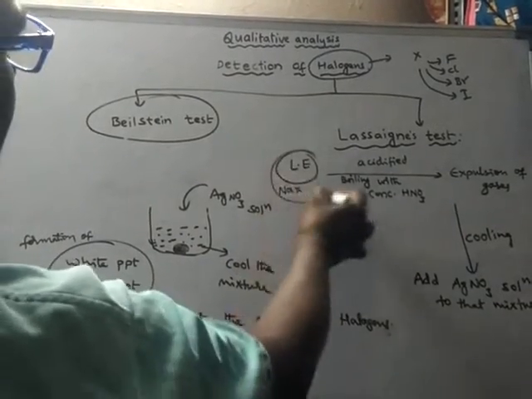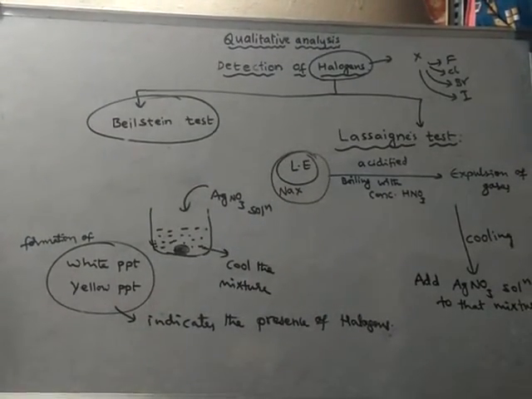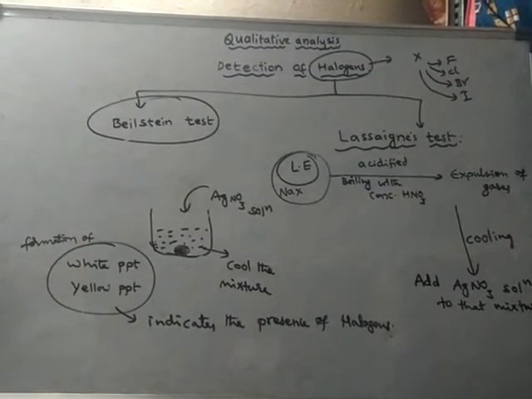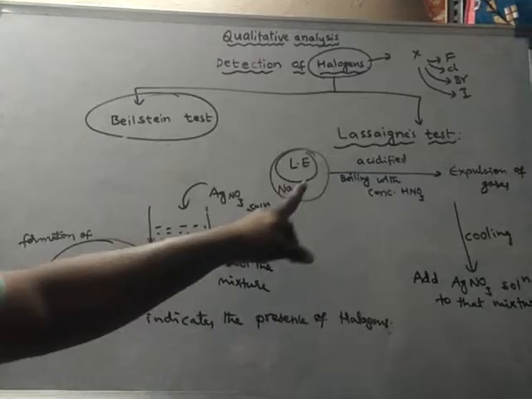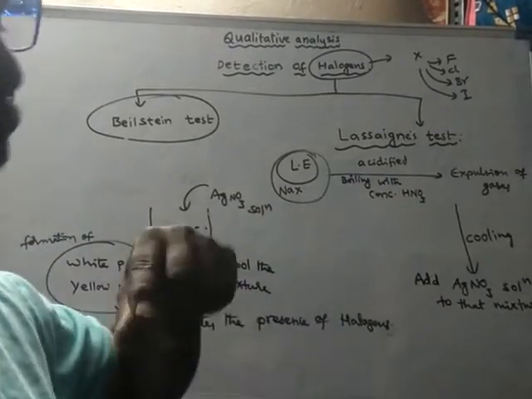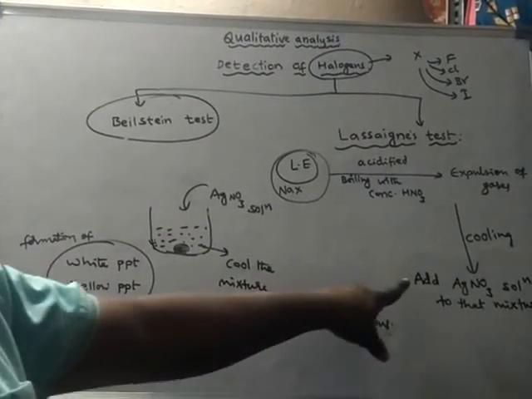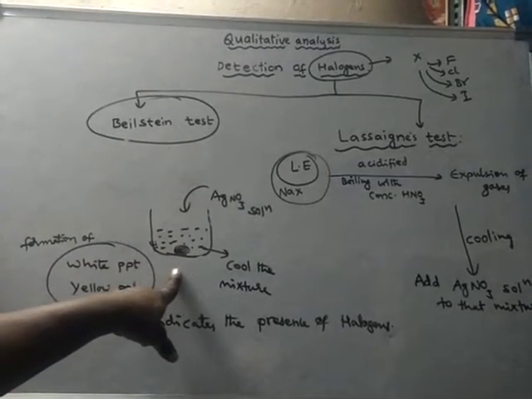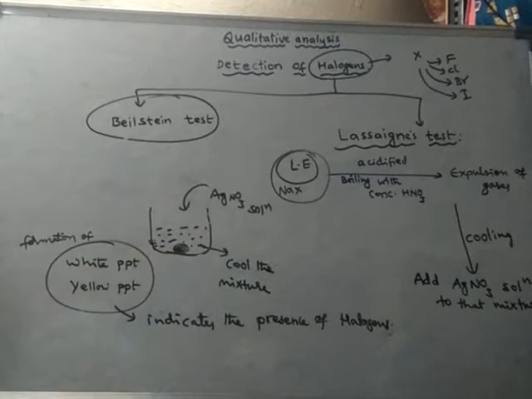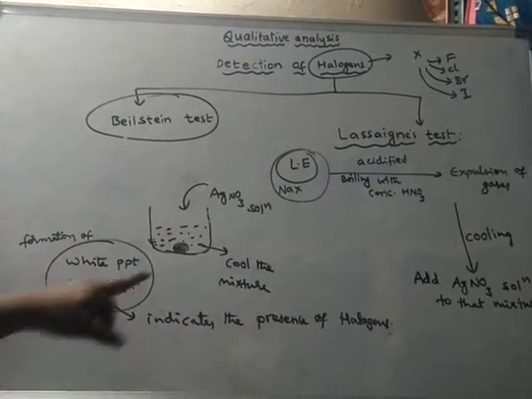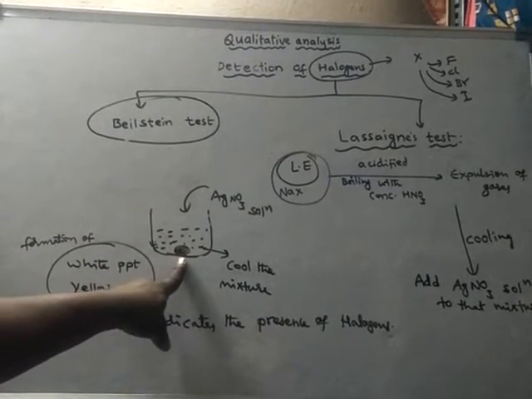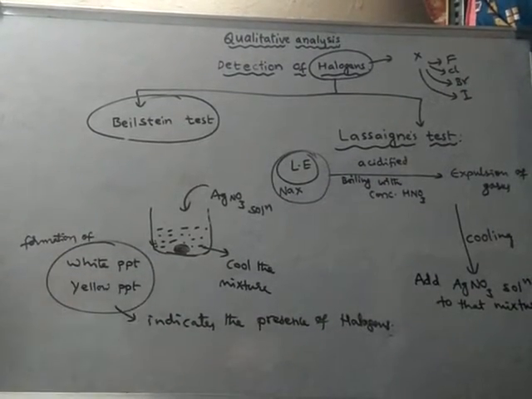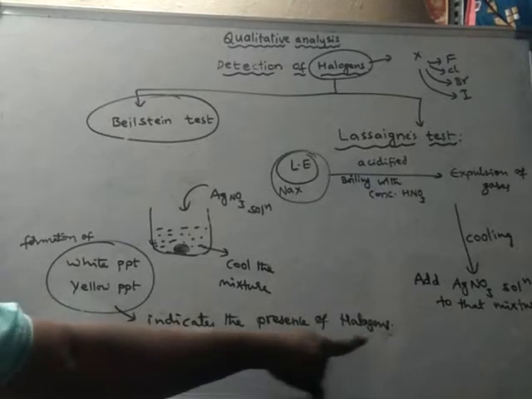This Lassaigne's extract is prepared using the organic compound. Already we have seen how to prepare it. So these are the steps we have to follow. After adding silver nitrate to the cooled mixture, a white or yellow precipitate is formed, and the formation of such precipitates indicates the presence of halogen.